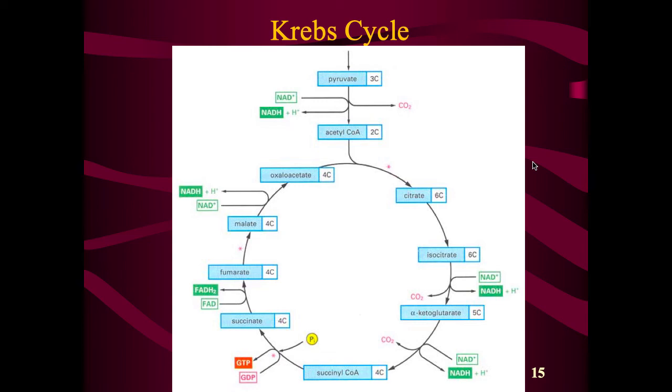Okay, citrate converts to isocitrate: 6 carbons, a rearrangement of the molecule. That's it. So when you draw this, all you have to do is go citrate, 6 carbons; isocitrate, 6 carbons. When you go from isocitrate to alpha-ketoglutarate, you lose a carbon to CO2. That's called breathing, right?